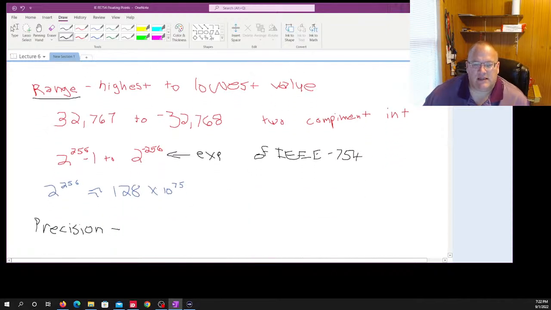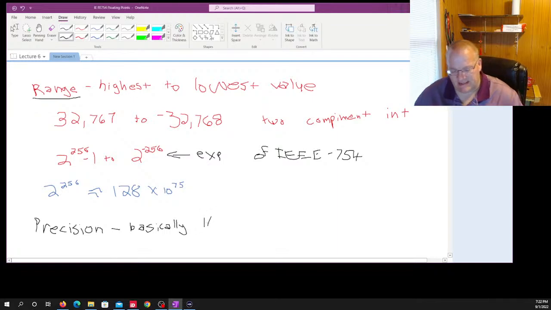So this is really analogous. It's not exactly the same, but it's basically the number of significant bits.